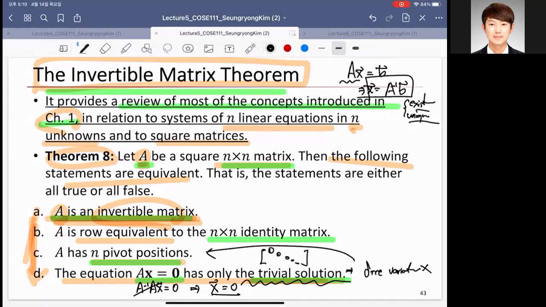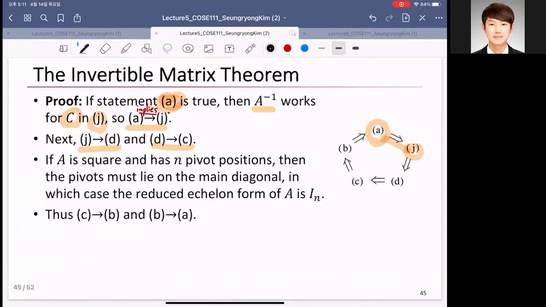If there is a pivot position in every column, n pivot positions, because this is an n by n matrix, then there's no free variable, right? So J implies D, D implies C.